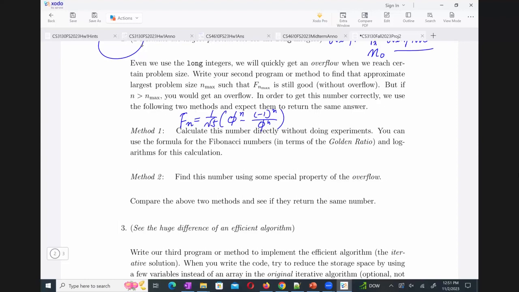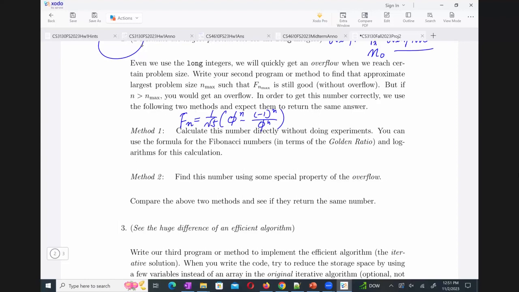Here is the question. When we plug in the n number, we need to see at what point the function returns the number just past the overflow line. What is the overflow line? Because we use long integer.